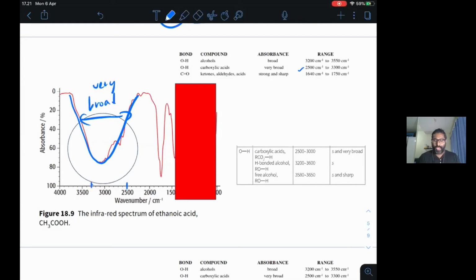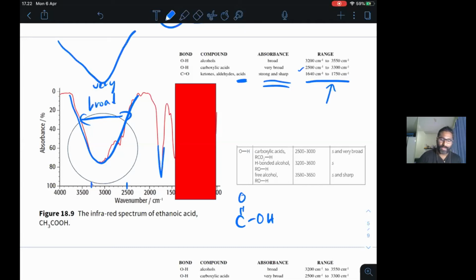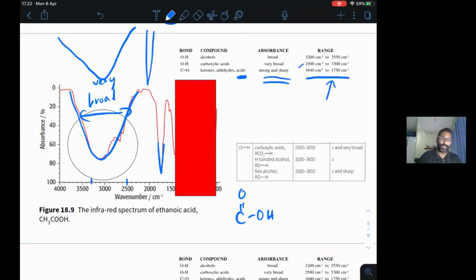And then there is another one because it's carboxylic acid, so they are also going to have this absorption because of C double bond O. And there is a strong and sharp one at 1,640 and 1,750. What they mean is this part. So if you want to memorize this, it's probably something like this, very broad, and then something like this. That's going to be an indication for carboxylic acid.